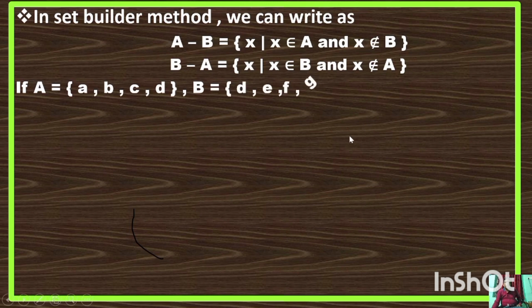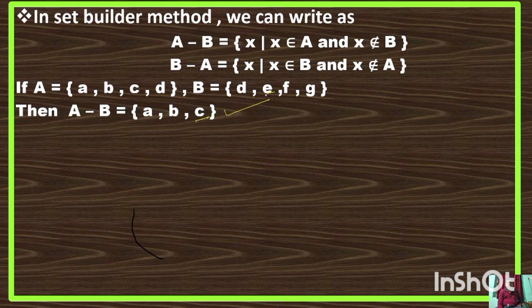For example, if A is the set {a, b, c, d} and B is another set {d, e, f, g, h}, then what are the elements of A difference B? A difference B means those elements that are in A but not in B. You see, a is an element of A but not of set B. b is in the first set but not in the second set. c is an element of the first set but not of the second set.